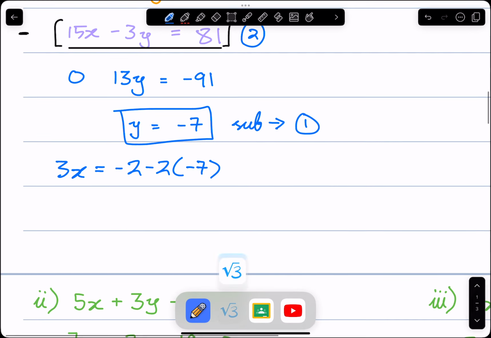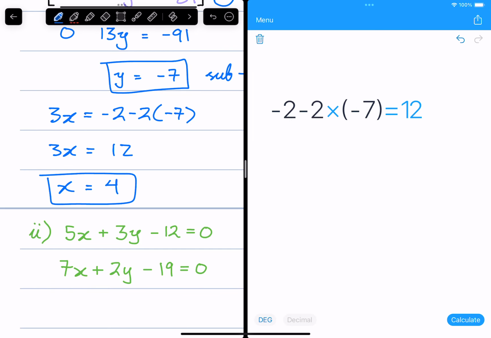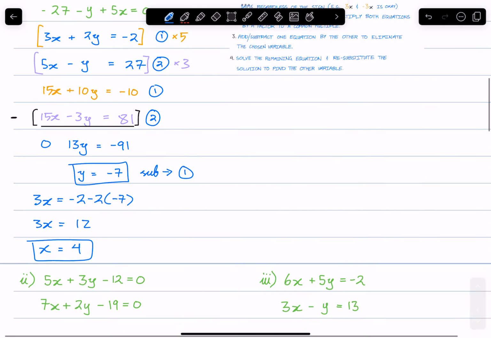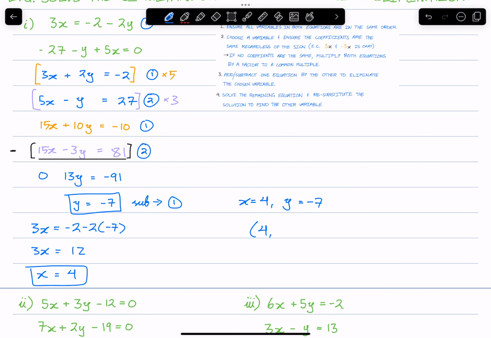This will give us, minus 2 times minus 7 gives us, 3x equals 12. And as you can see, x is going to equal 4. And then from there, that gives us the solutions. x is 4 and y equals minus 7, which we can write as a coordinate 4, minus 7.